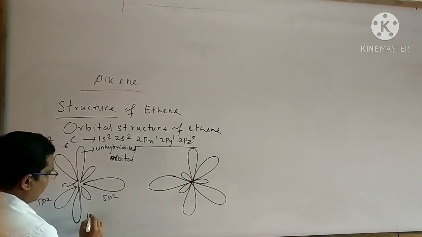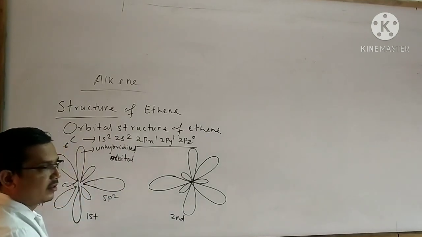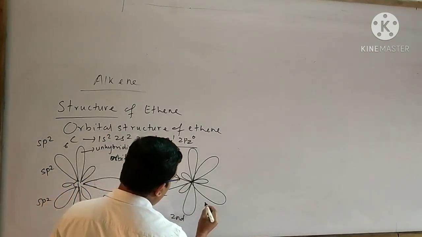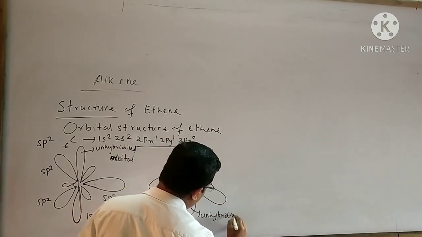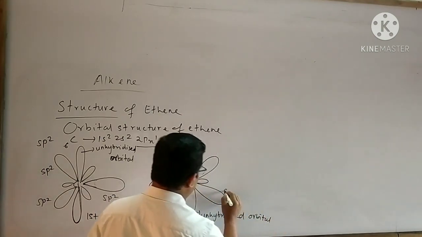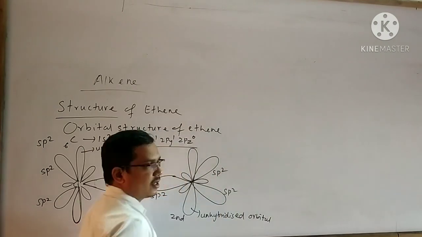This is the first carbon. This is the second carbon. This is your one sp2 hybridized orbital. This is the unhybridized orbital. This is another sp2 hybrid orbital. This is another sp2 hybrid orbital.